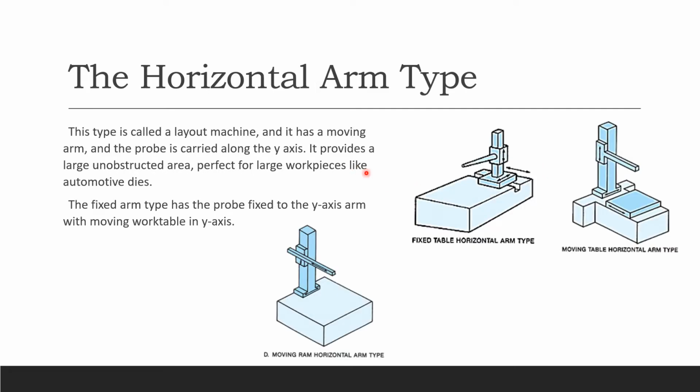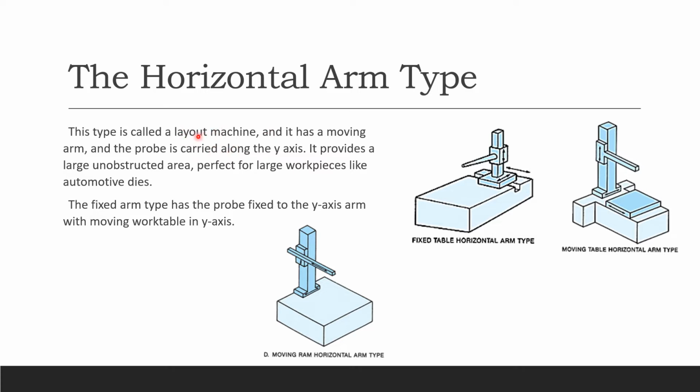The horizontal arm type is a little bit different. The probes are very different. This type, we call it a layout machine. Those of you who are in motion class, I have to teach you so many times about the layout.